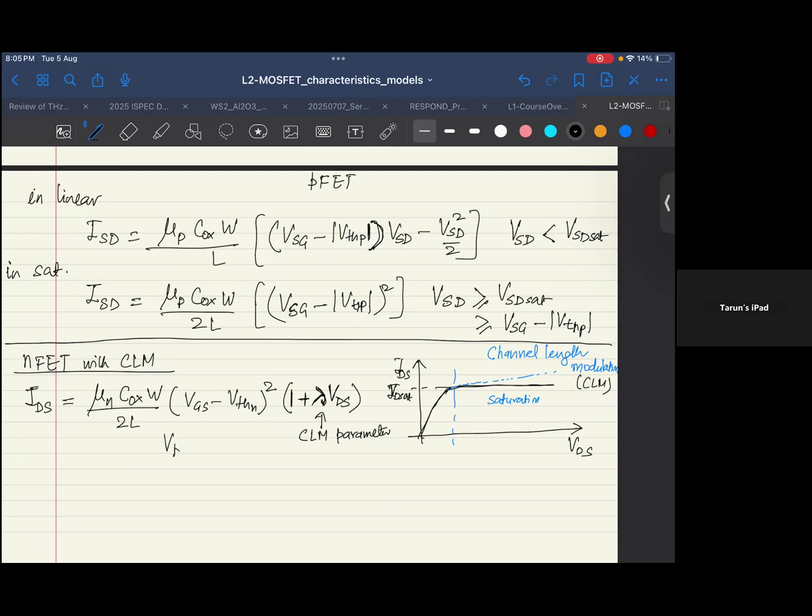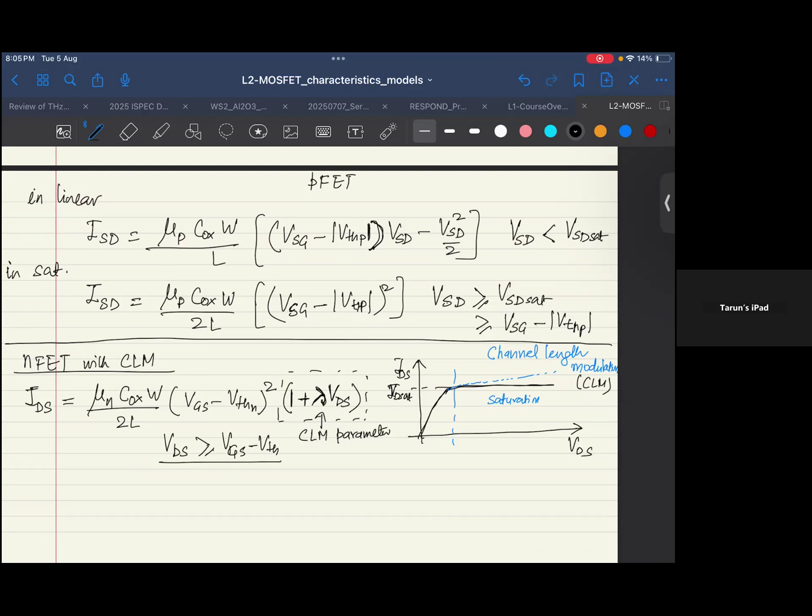This is for the case when VDS is greater than VGS minus VTH, right? So we can model this part by multiplying with a simple term. The same way you would do this for the PFET, multiplying with lambda VSD, right? So then you would have the CLM on there.